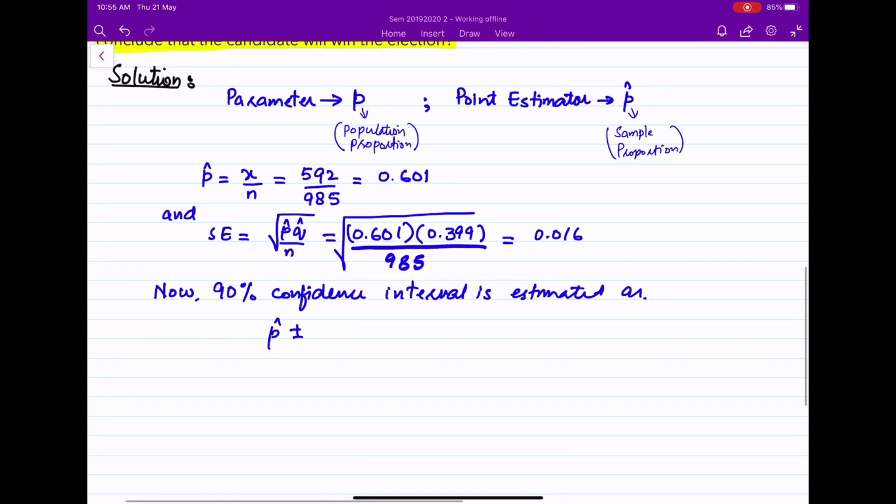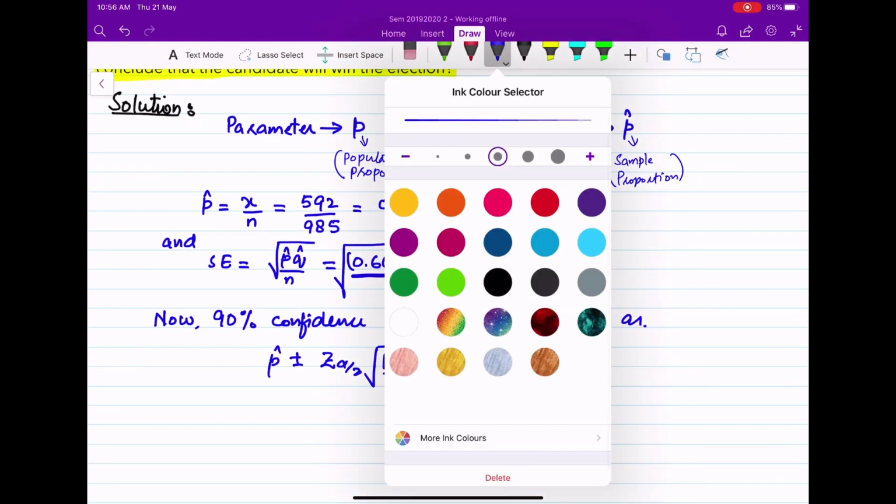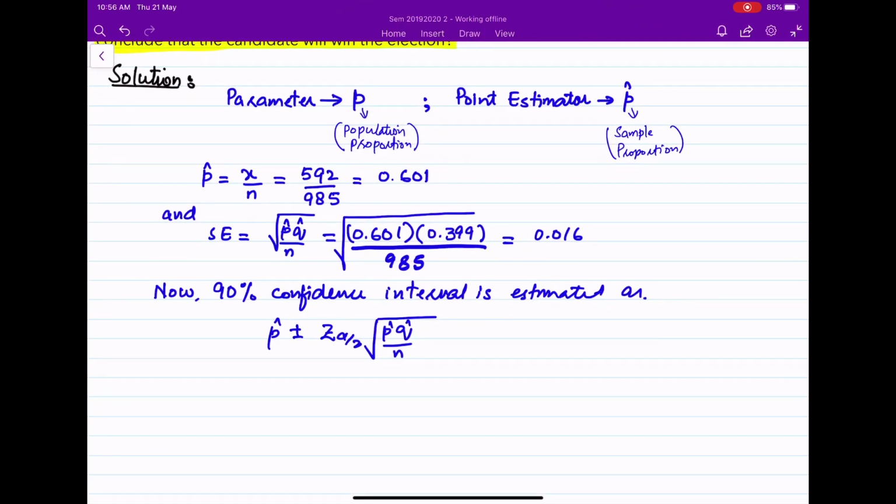P hat plus minus Z alpha half times the standard error. Here alpha half can be understood by plotting this normal distribution graph. This is the normal distribution.